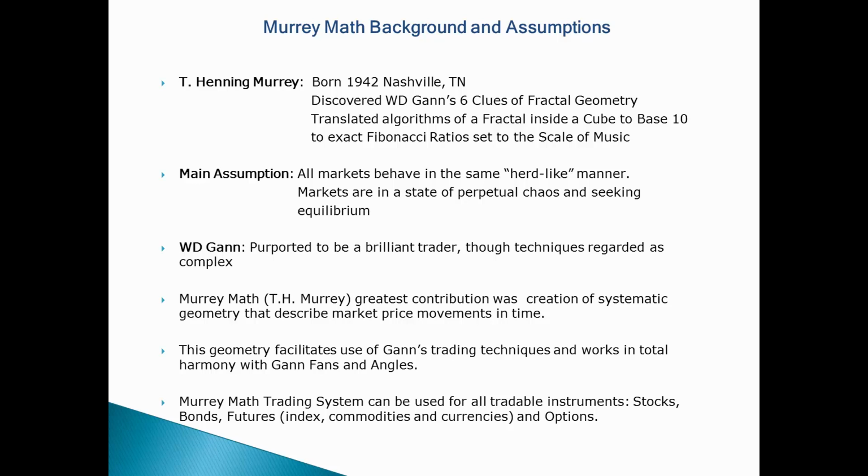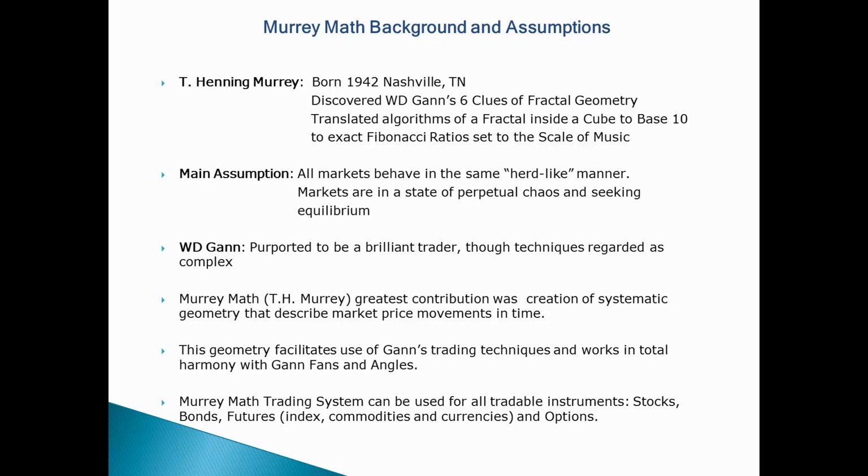So let me give you a little bit of background and some of the basic assumptions we need in order to move forward with this Murrey math. T. Henning Murrey, i.e. Murrey math, was born in 1942 down in Nashville, Tennessee. He studied W.D. Gann's work, which is not easy to read through, if any of you have had experience with it.